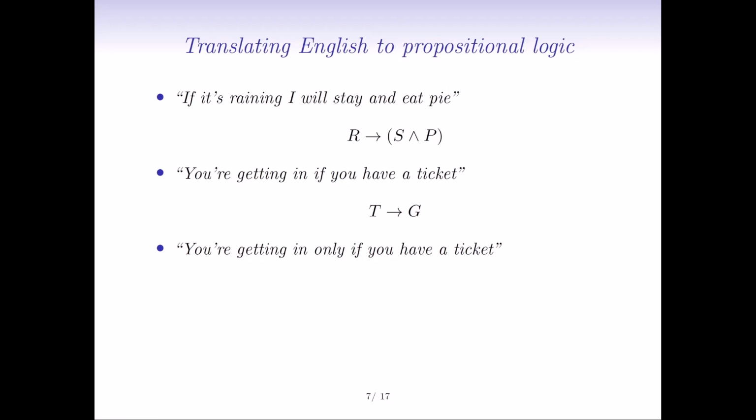It might be you getting in only if you have a ticket, but the bouncer might impose some extra conditions as well. But one thing that you can definitely say is, if you're getting in, then it must be the case that you have a ticket. There's no way you can get in and not have a ticket, which means that the translation of this formula is actually an implication the other way around. If you're getting in, then you must have a ticket.